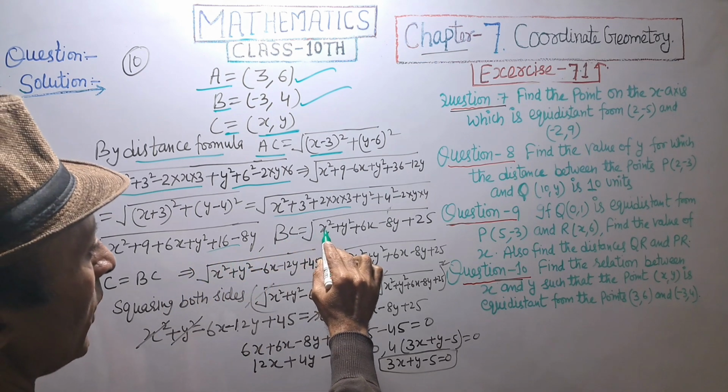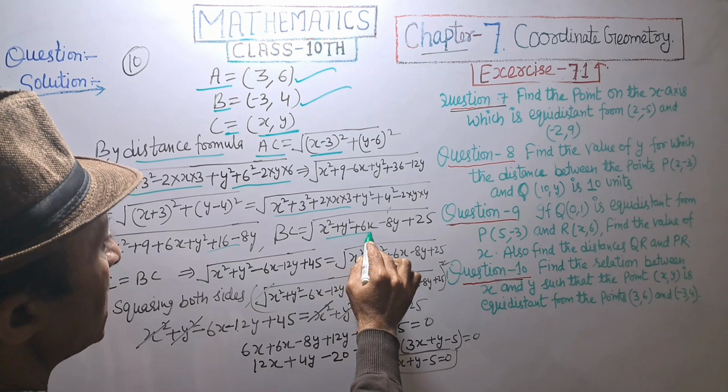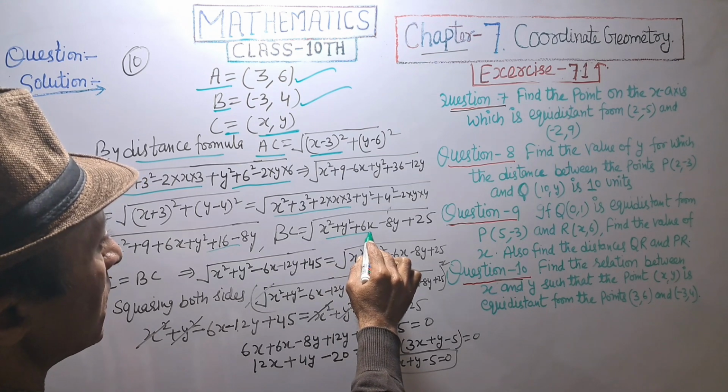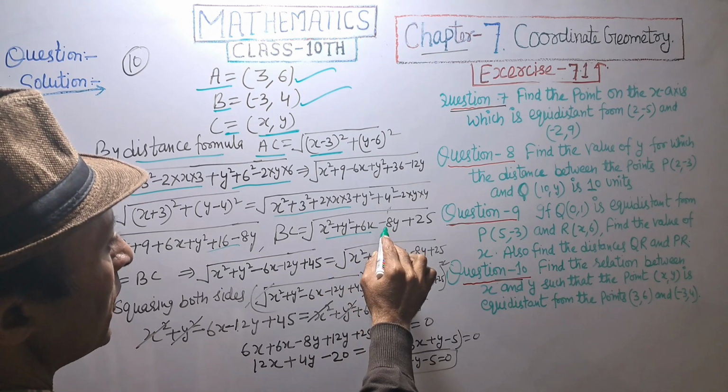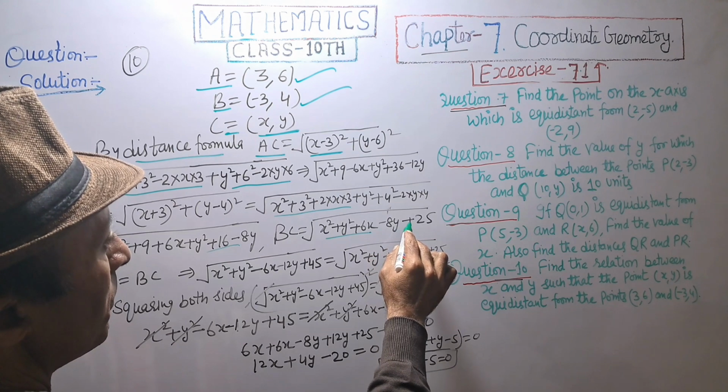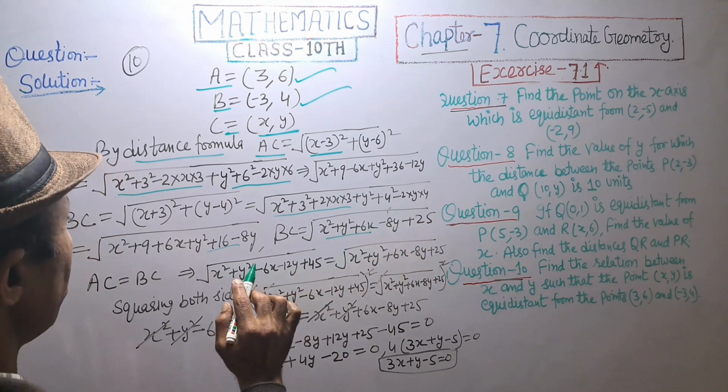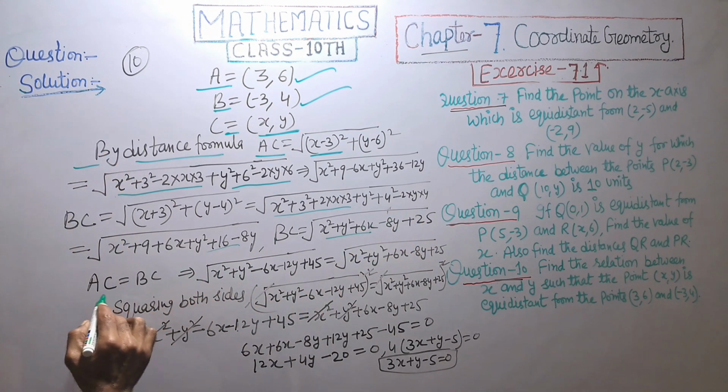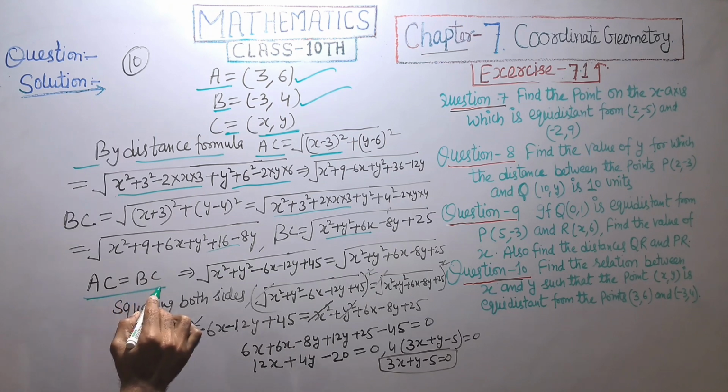So BC is equal to x square plus y square plus 6x minus 8y plus 25, and AC is equal to BC.